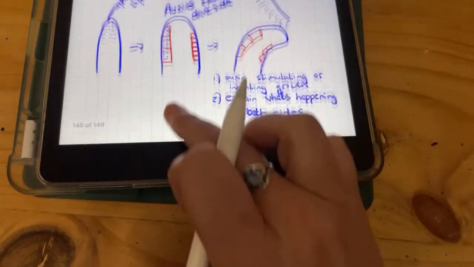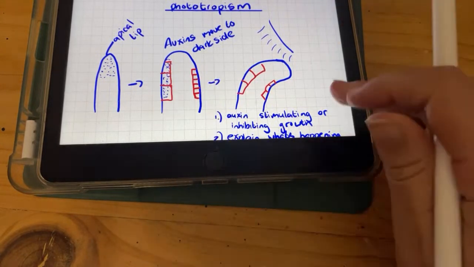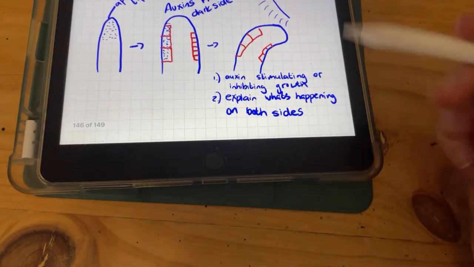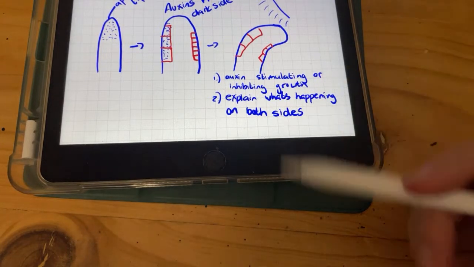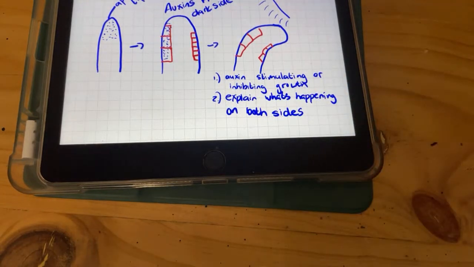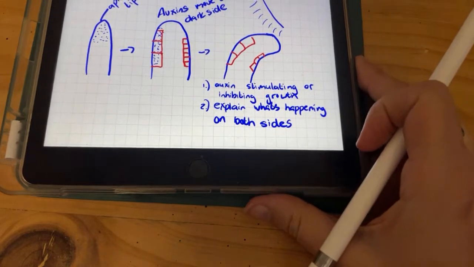I mean what's happening on the dark side and what's happening on the light side. If you do these two things, you will always get full marks for your exam and you don't need to worry about losing anything out. And I think that's generally what we do not so well, is we end up losing marks, right?